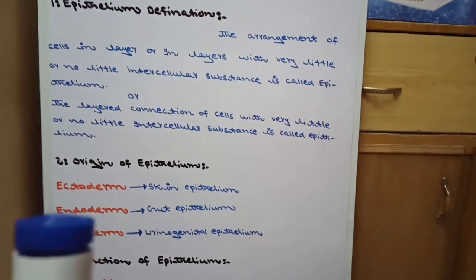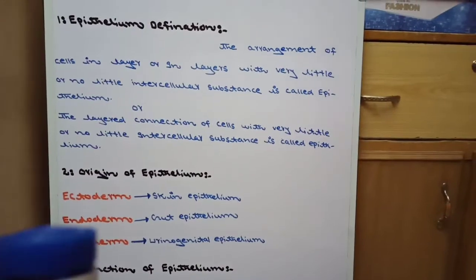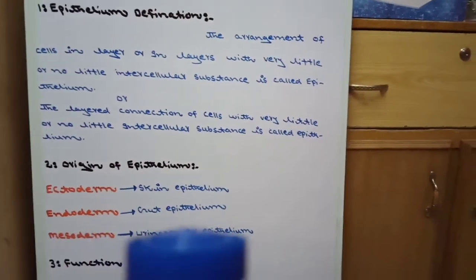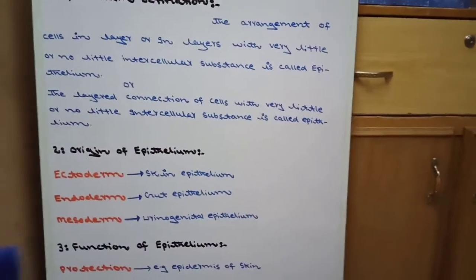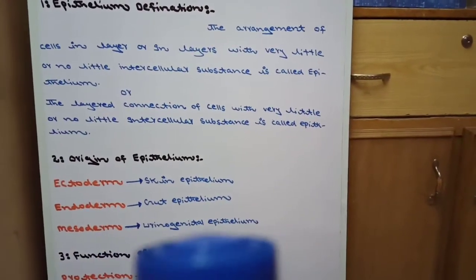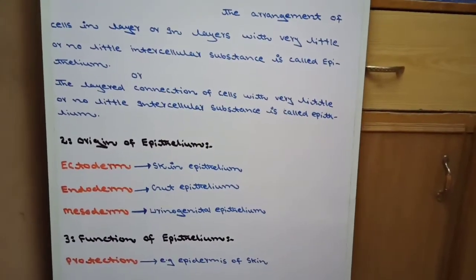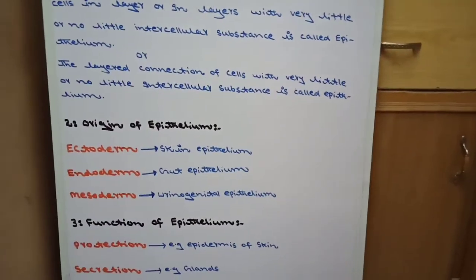From ectoderm, the skin epithelium originates. From endoderm, the gut epithelium originates. From mesoderm, the urinogenital epithelium originates. This is the origin of epithelium.